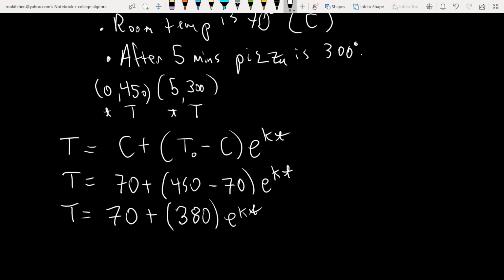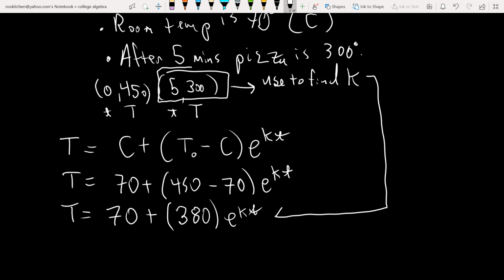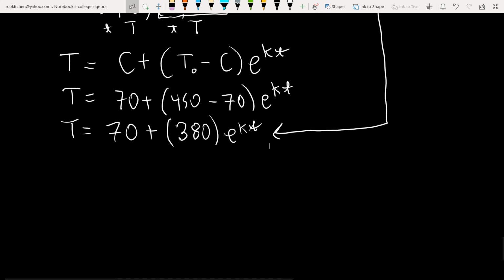Okay, and then we're going to use this ordered pair above, the 5, 300, to find our cooling constant, k. We're going to plug that information into this formula.